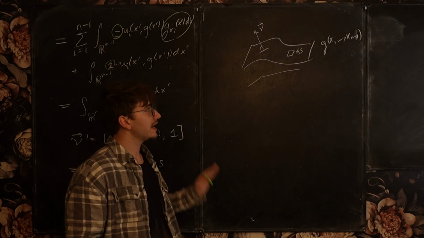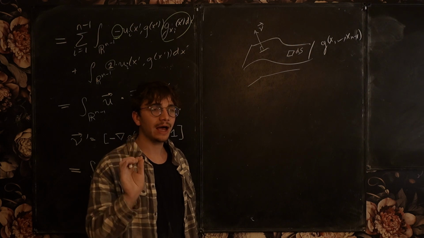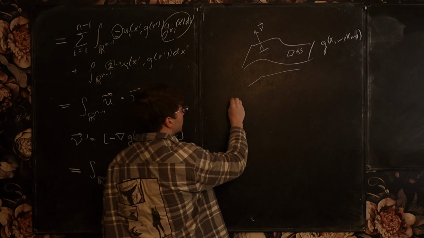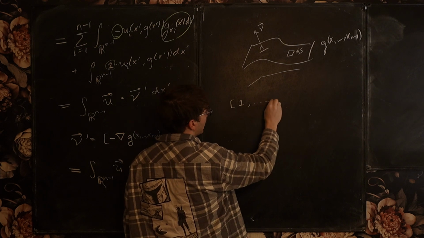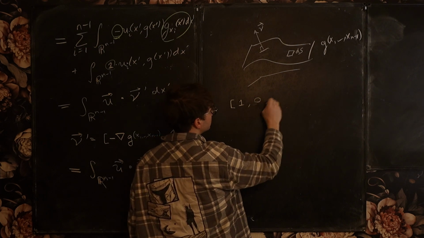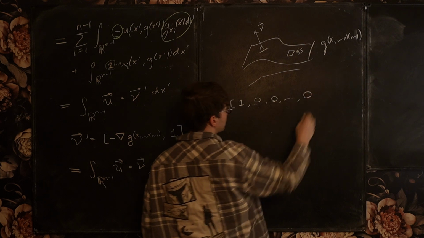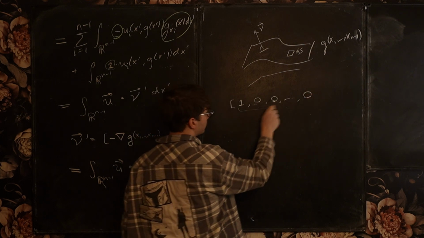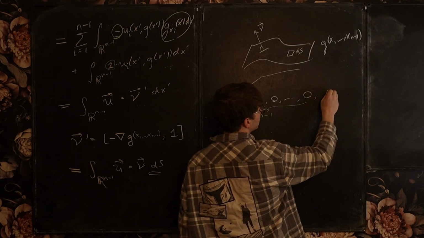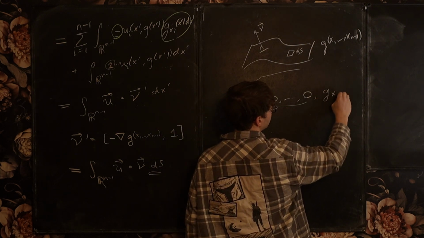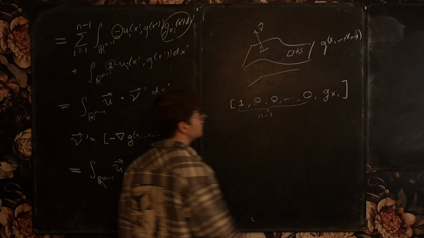Now, the tangent plane I know has the following vectors. First of all, if I look at the vector 1, and then 0, 0, 0, these are the first n minus 1 components, and then I look at the partial of g with respect to x1.